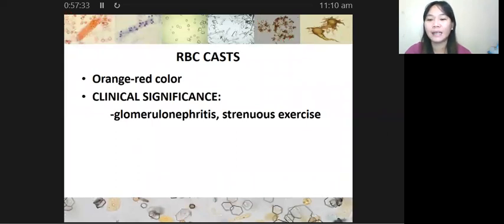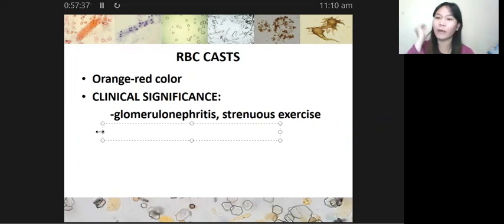Okay, ayan. Sige. Ma'am, paano naman tayo, kasi very hindi masyadong specific yung indication ng RBC casts, 'di ba? Ang sabi niya lang ay bleeding in the nephron. We all know na maraming parts ang nephron.